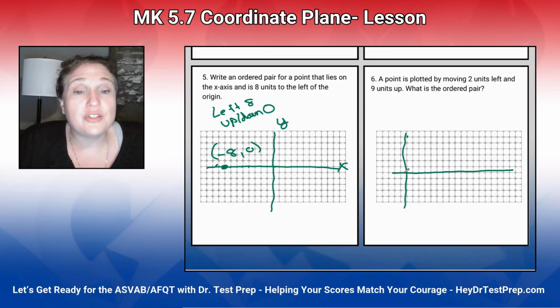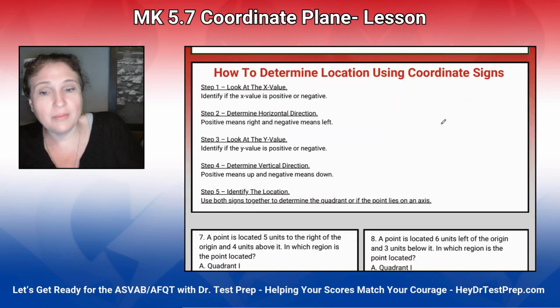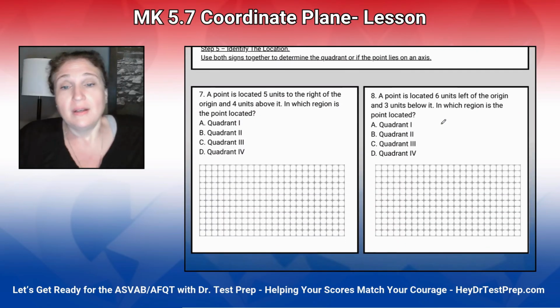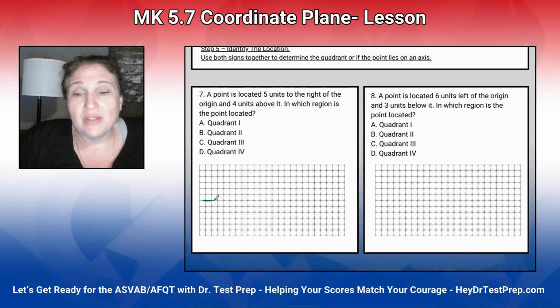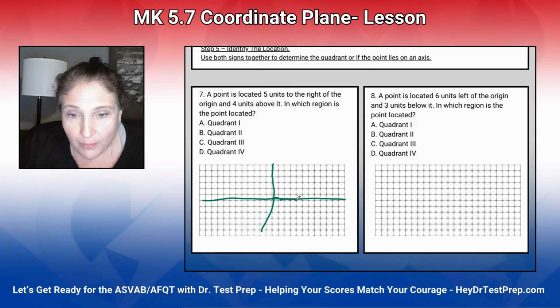All right, here, this one, it probably isn't going to fit. But I'm moving 2 units left, 1, 2, that gives me negative 2. And then I'm climbing 9 units, positive 9. All right, we're going to move a little bit faster. Now we've got 5 units right and 4 units above it. So 5 right, 1, 2, 3, 4, 5.